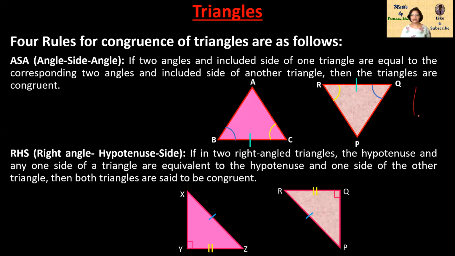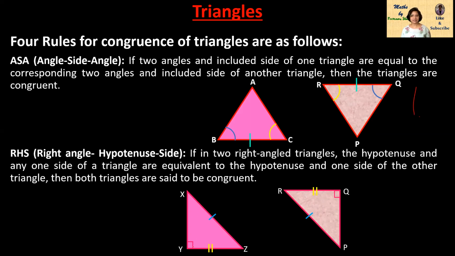Now the last, fourth rule. The fourth rule says RHS: right angle, hypotenuse and side. If in two right angle triangles the hypotenuse and any one side of a triangle are equivalent to the hypotenuse and one side of the other triangle, then both triangles are said to be congruent. So here XYZ is one triangle and PQR is another triangle, right?